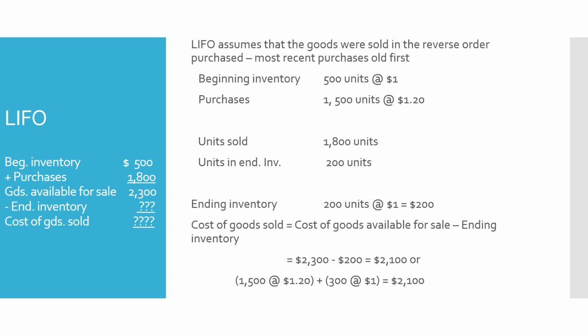So we're going to compute cost of goods sold as 1,500 times $1.20 plus 300 times $1, or $2,100. The 200 units that are in ending inventory, under LIFO, we're going to assume that those units came out of our beginning inventory. So the value of our ending inventory is 200 units at $1.